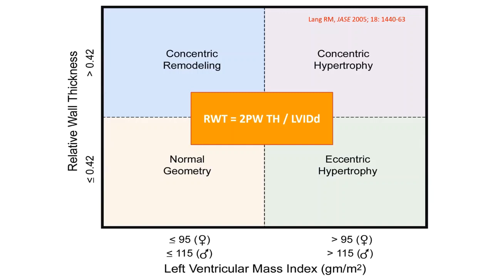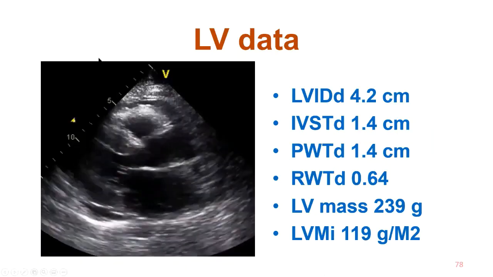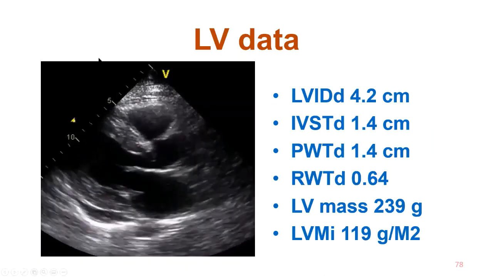I'm going to sidestep those arguments and just say that probably we are undercounting using this method of indexation. There probably is a small percentage of patients who have obesity-related hypertrophy, but because we're dividing by the body surface area and that's elevated in obesity, they get classified as concentric remodeling.